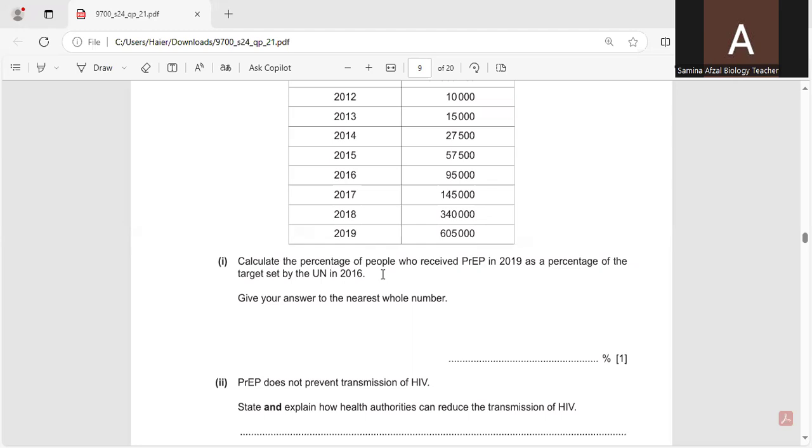In 2019 it was 605,000, but the target which they had set was 3 million. So we find the percentage in this way, and it will be 20%. The answer will be 20%.